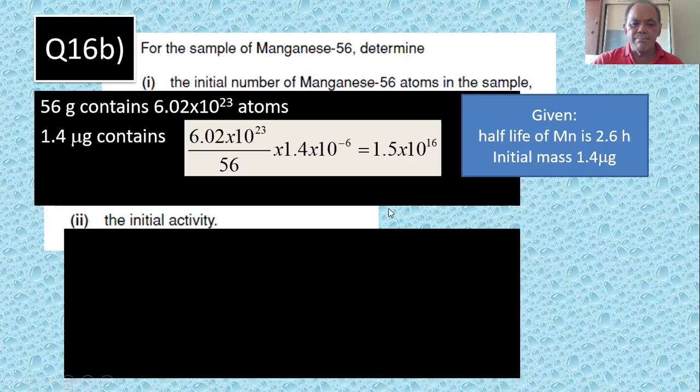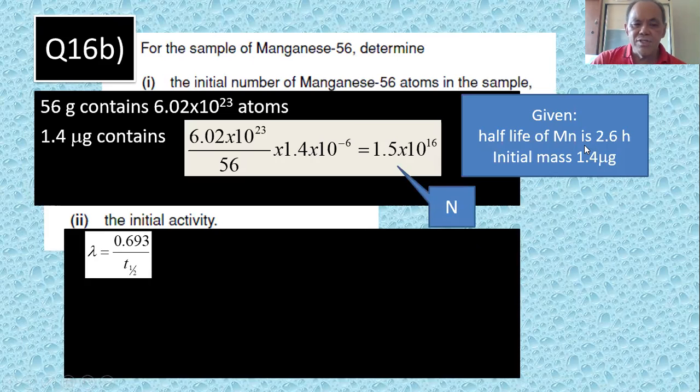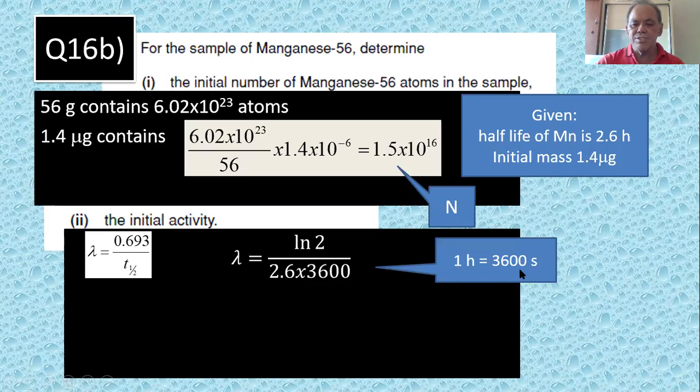Okay, so we calculate the number of manganese atoms initially. Then the other formula you need to recall. First of all, you haven't got your lambda. You have the half-life, so you can calculate your lambda, your decay constant. From your data sheet, this formula, you can remember so much better. Ln 2 over 2.6 times 3600. Right? 1 hour equals 3,600 seconds. Calculate it out.